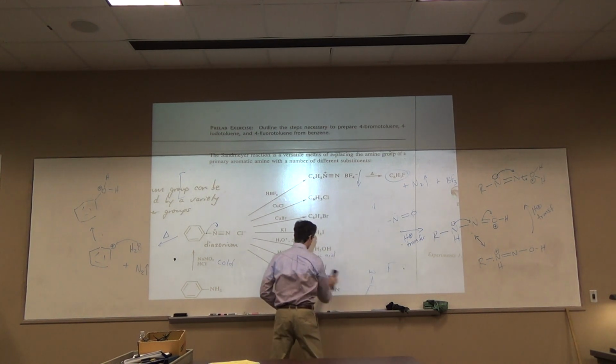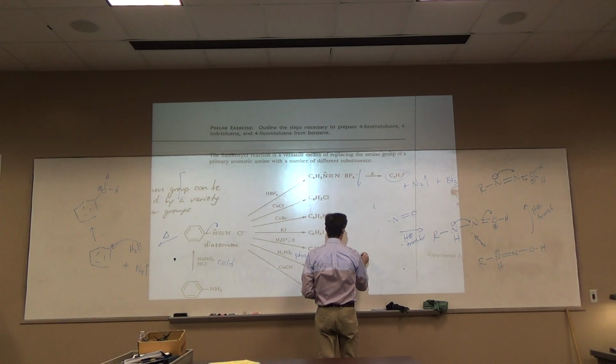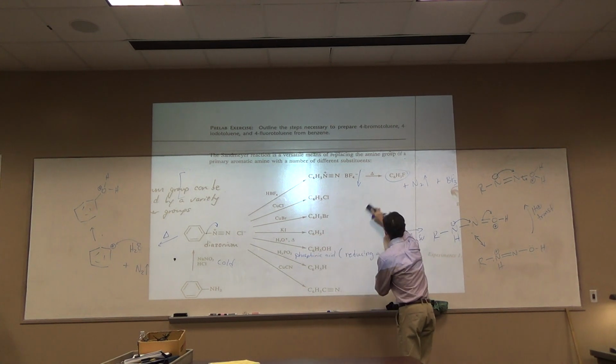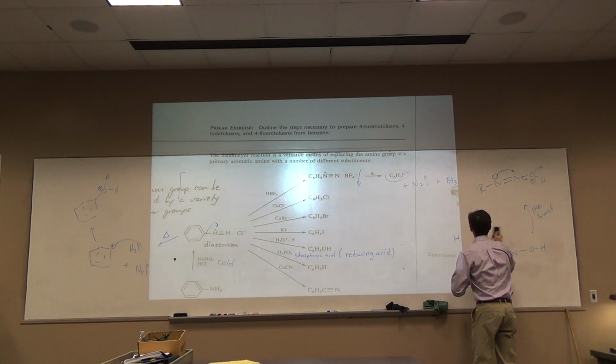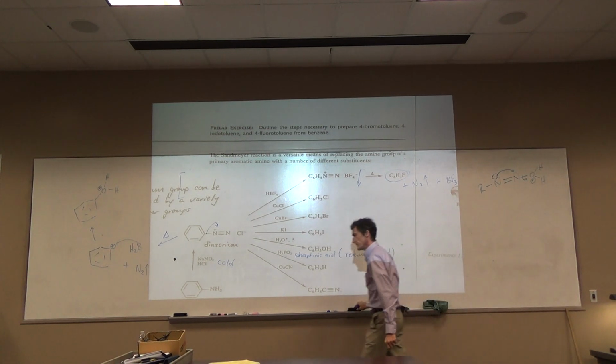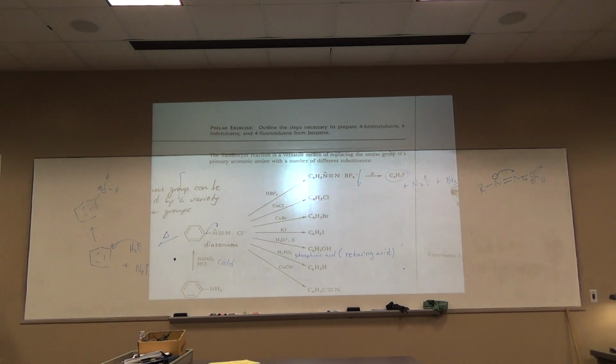Phosphinic acid is known to be a reducing acid. Since it's reducing, what does it supply? Not electrons, but in terms of, if something gets reduced in organic chemistry, we add what? Hydrogen? Or an H. H's. Yes.